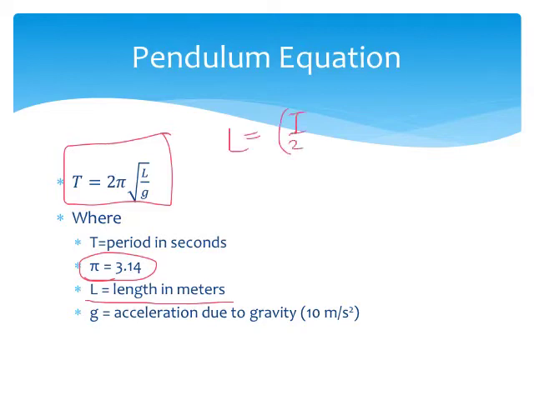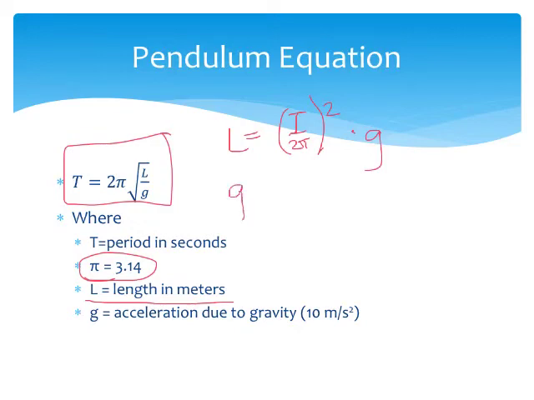T over 2 pi, and then you square that, and finally multiply by gravity. So gravity is not squared. So the correct order to do this is take your period, divide by 2 pi, which would be 6.28, and then square that number, and then finally multiply by 10.